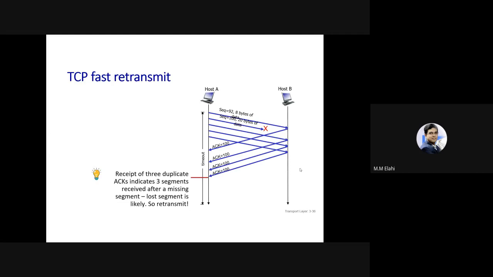See, receipt of 3 duplicate acknowledgements indicates 3 segments received after a missing segment. Lost segment is likely, so it will immediately retransmit the data without waiting for timeout. Definitely, in some cases, especially like wireless network, like our cellular network, where there can be some blind spots, momentarily network connection becomes weak, but maybe the overall situation is good.